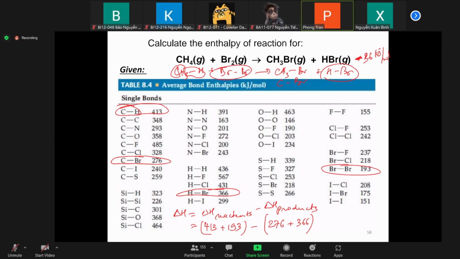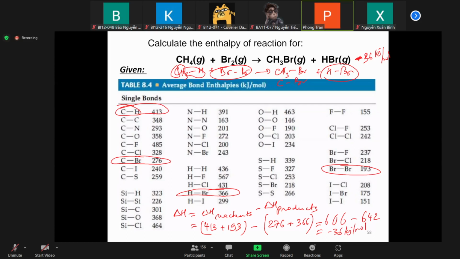Yes. So you will have 606 minus 642. So it's minus 36 kilojoule per mole, as you mentioned.